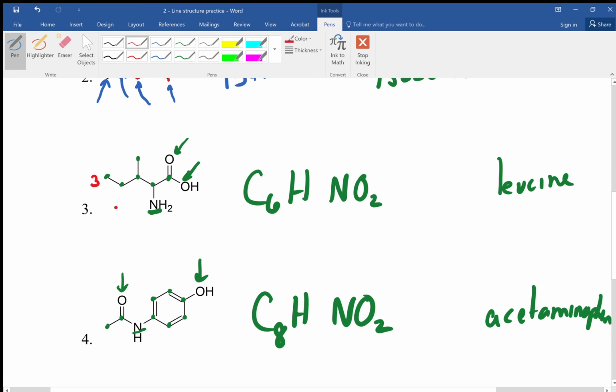We have 3, 2, 1, 3, 1, and then the 3 that are drawn in. So that's 1 plus 2 is 3, plus 2 is 5. Three, 6, 9, 10, 11, 12, 13.